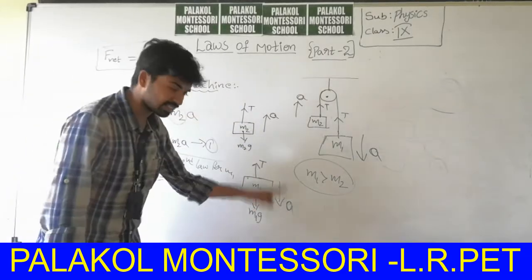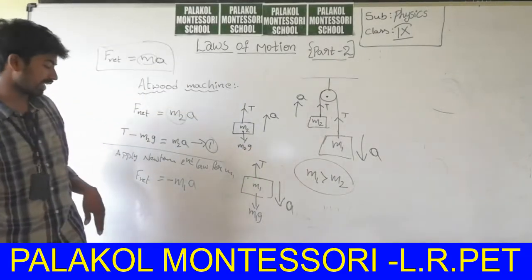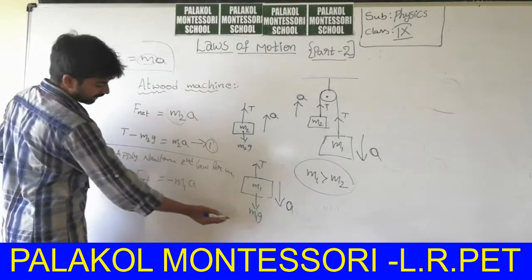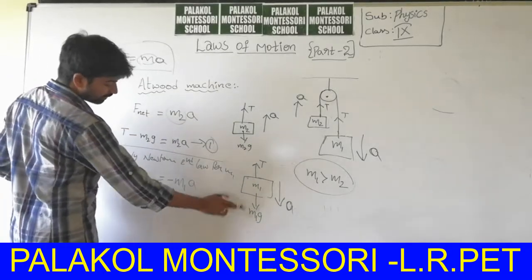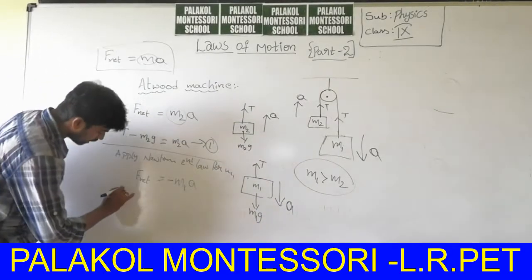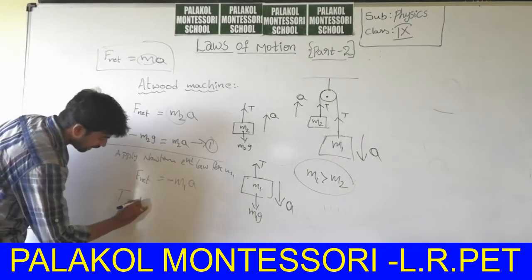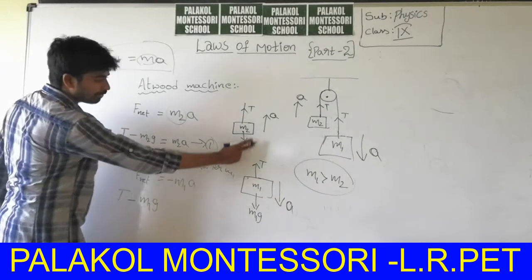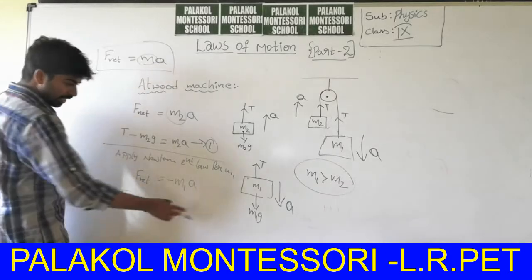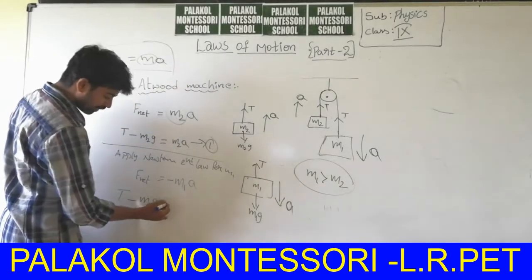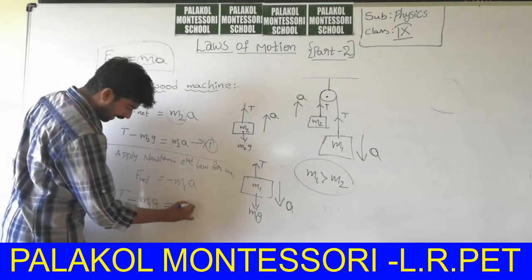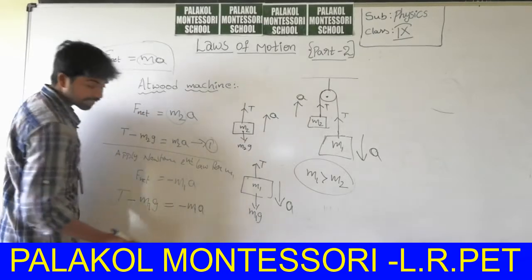Because the acceleration is downwards. Now, what will be the F net? Upward T minus m1g. T is in the upward direction, that is why I have placed plus T. This is downward direction, minus m1g is equal to minus m1a.